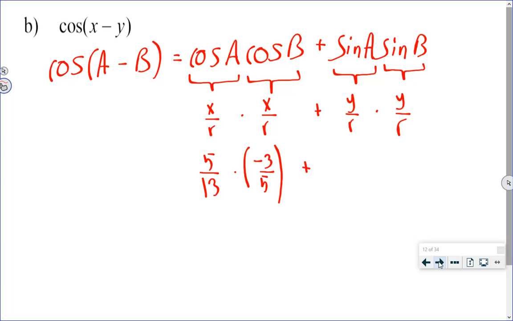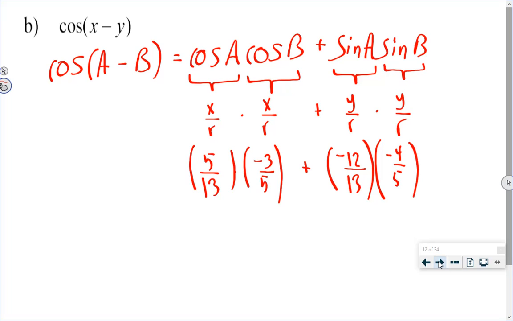That must mean we have negative 12 over 13 for y over r for angle A. Is that right? Okay. And then that leaves negative 4 over 5 for y over r for angle B. Is that one correct?